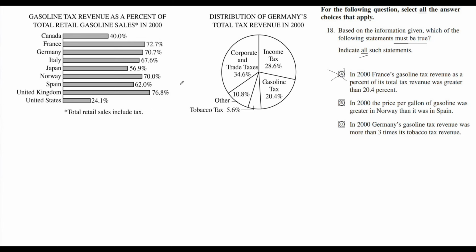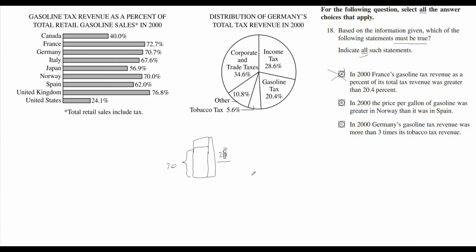So for instance, Norway could be 70% of the total 100, right? So this could be the tax, it's 70%, but the cost for 1 gallon could be $2 or something like that. Obviously, this is in Norway, so it won't be in US dollars.